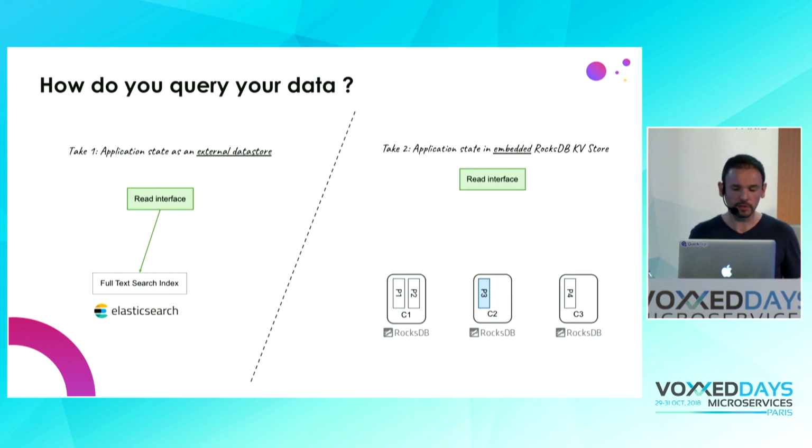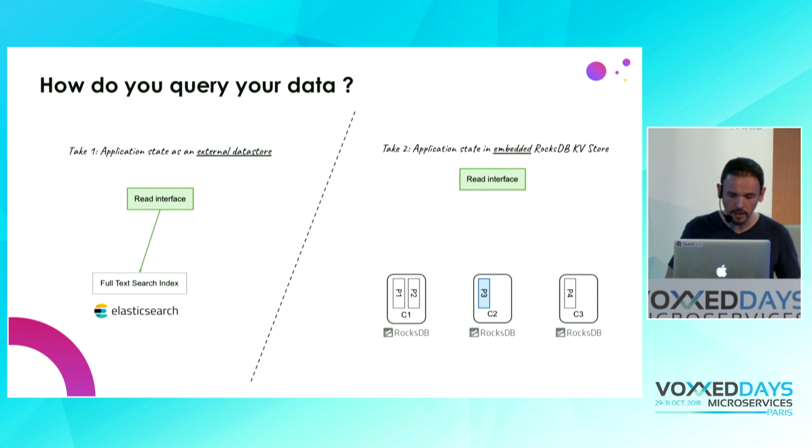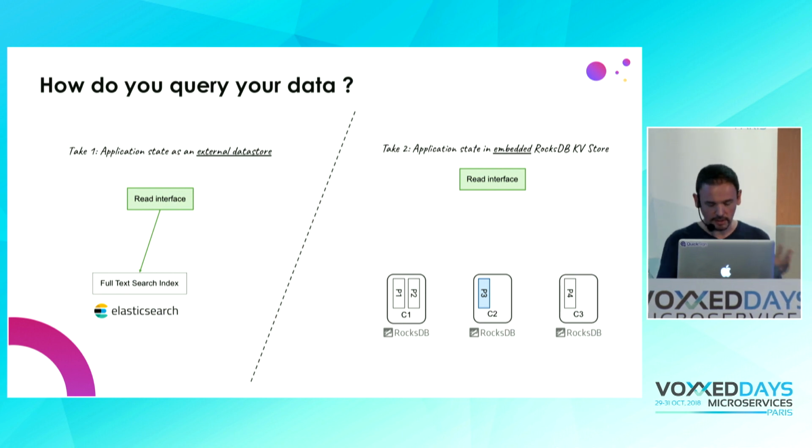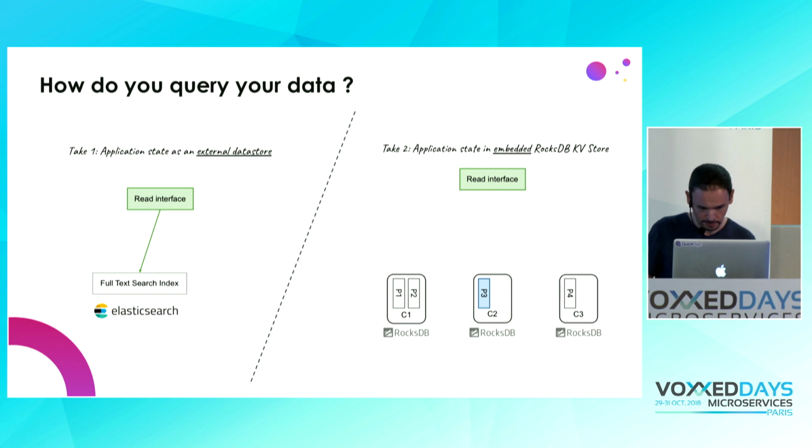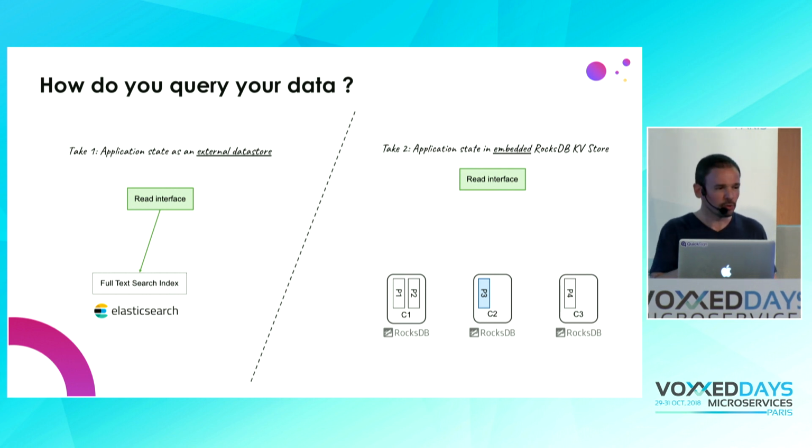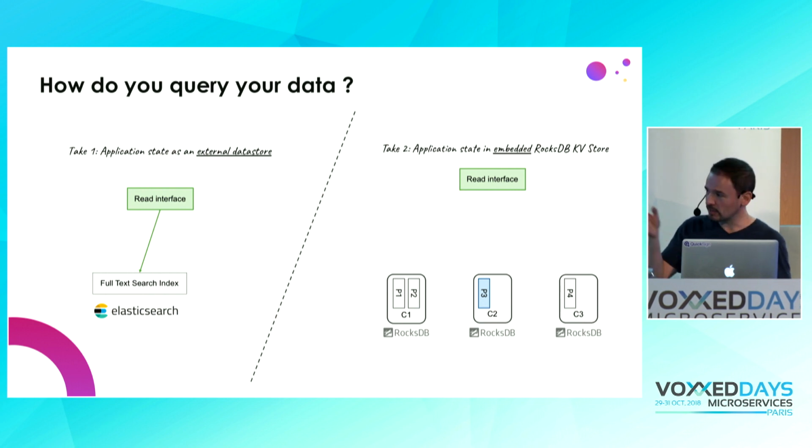But if you use Kafka Streams and its embedded key-value store, it's a bit harder, but it's not that hard, and it has many benefits. So you store your state in an embedded RocksDB key-value store. Let's say that here, the data that you want to query is located in the P3 partition.